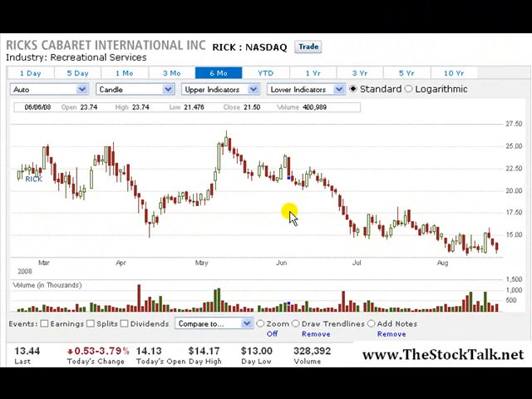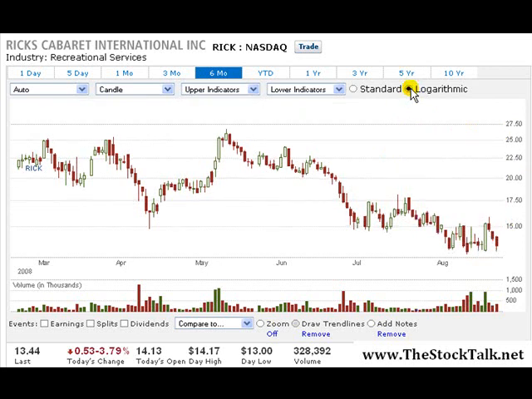Now you can have a standard or a logarithmic chart, and a standard puts every price equal distance from each other. And what a logarithmic does is it's going to make every percent move equal on the chart.